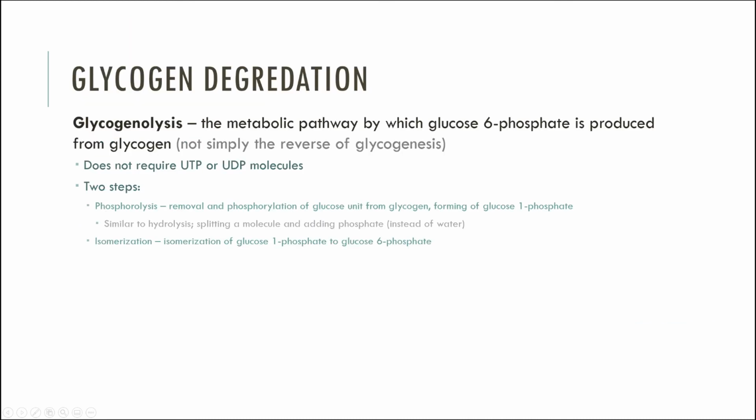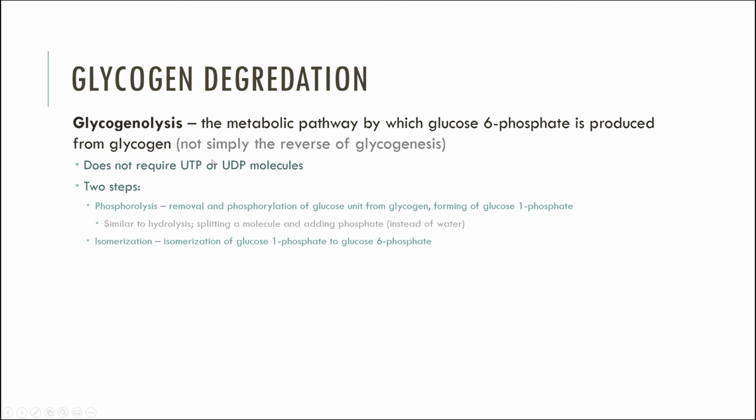All right. So the opposite can also happen. Glycogen can be degraded, which is extremely useful for needing energy. We've built up all this store of energy as glycogen. Well, now we're going to be able to use it. Ultimately, glucose 6-phosphate is produced from glycogen. It's not exactly the reverse of glycogenesis, but it's similar.